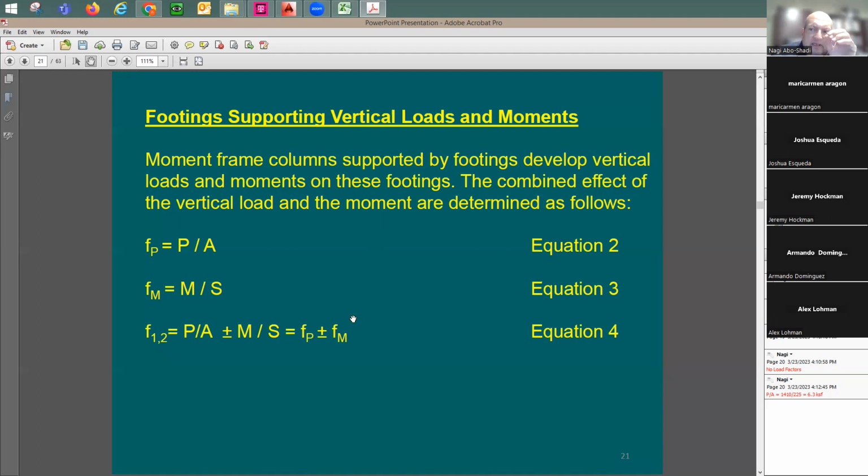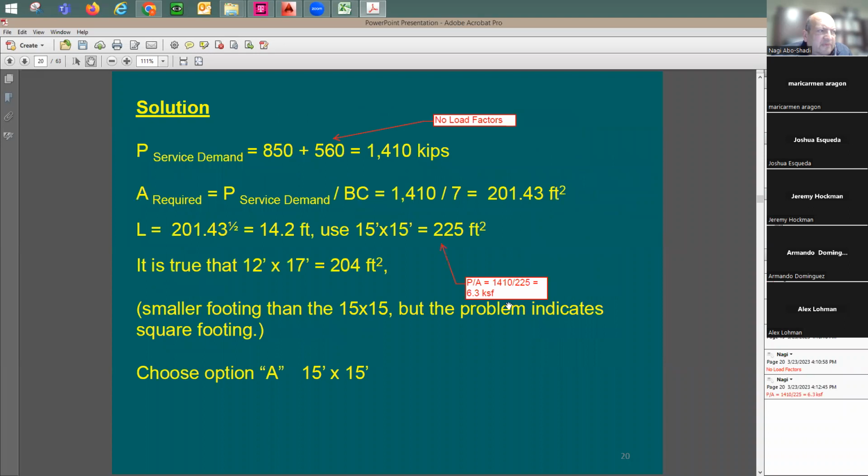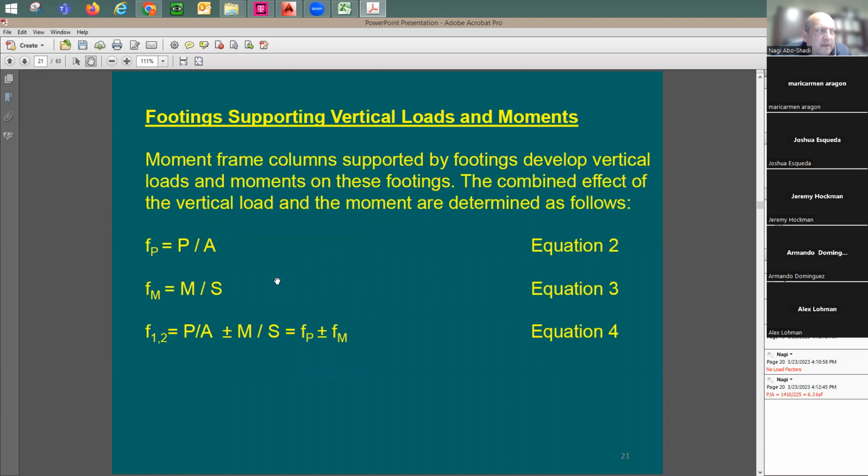So to me, I can just deal with each force separately, and then at the end of the day, just add the stresses to each other in the footing. So I'm gonna say first the stress coming from the vertical load. You just take here this P divided by A, very similar to what we have done here. So the stress source here is gonna be just from the vertical load. I have also moment applied on the footing.